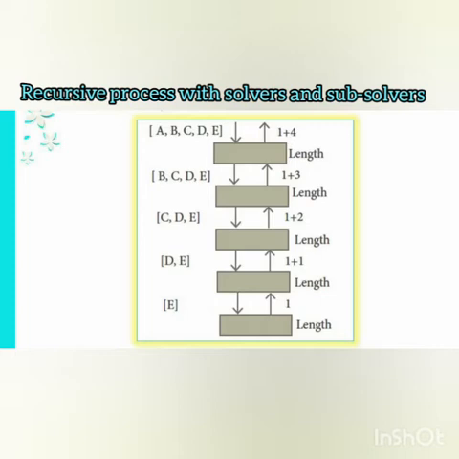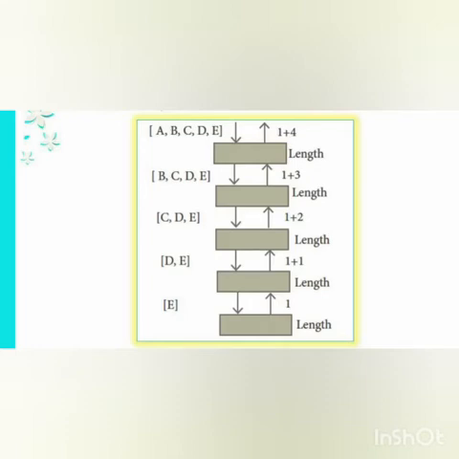So, A reduces the value by 1 and passes the question to B. So, 1 plus B, C, D and E. Then B reduces the value by 1 and passes the question to C. So 1 plus C, D and E. Then C reduces the value by 1 and passes the question to D. So 1 plus D, E. Then D reduces the value by 1 and passes the question to E. So 1 plus E. So this will continue till it reaches a small enough input to solve directly.